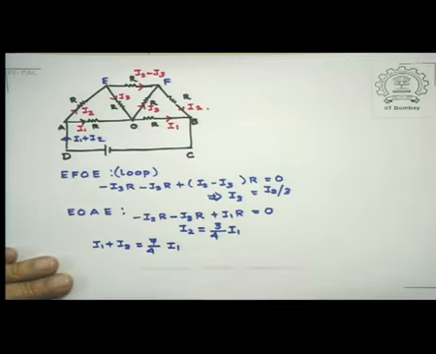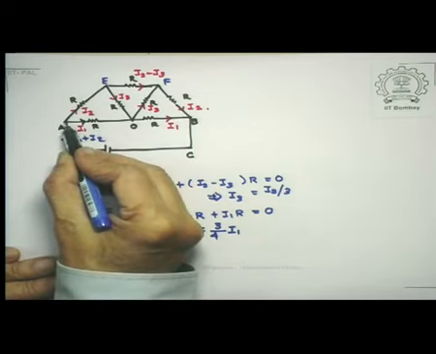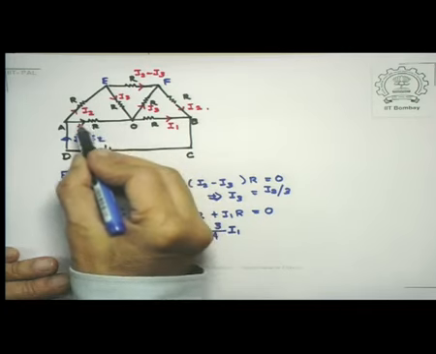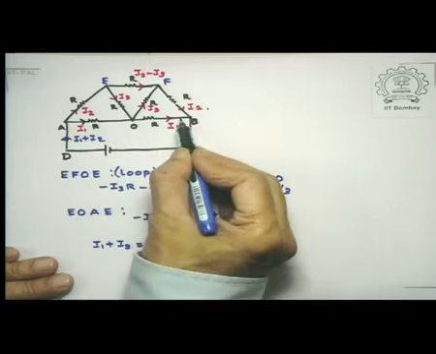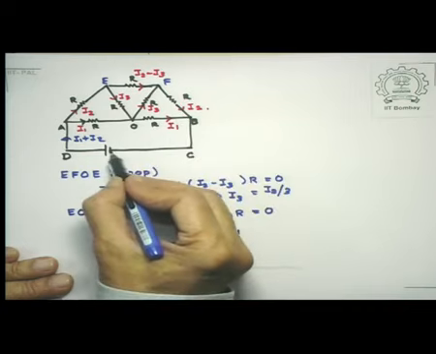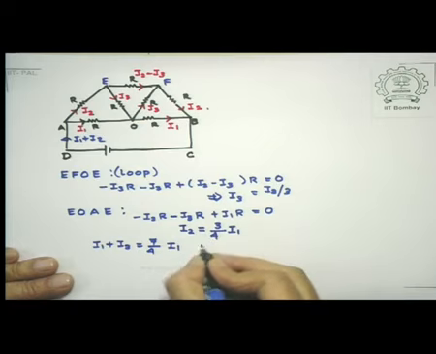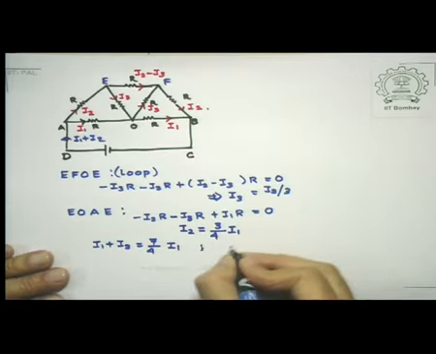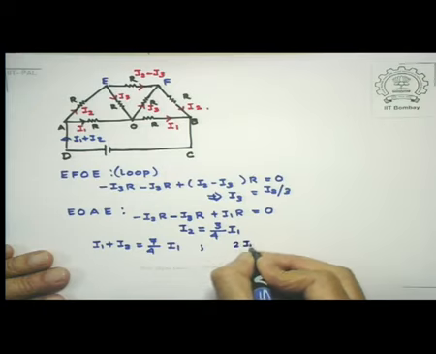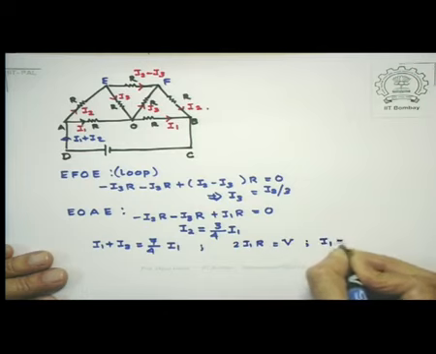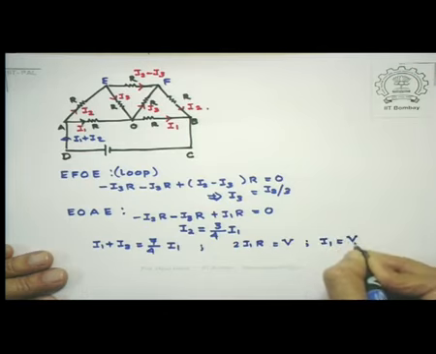But look at what statement I can make regarding how much is I1. So notice, if you look at this square loop, then what I have is minus I1R minus I1R, which is minus 2 I1R plus V equal to 0. So which tells me that 2 I1R equal to V, so that I1 is equal to V by 2R.